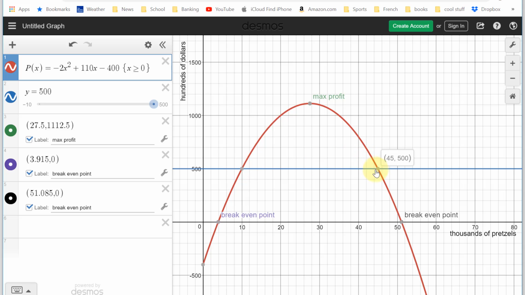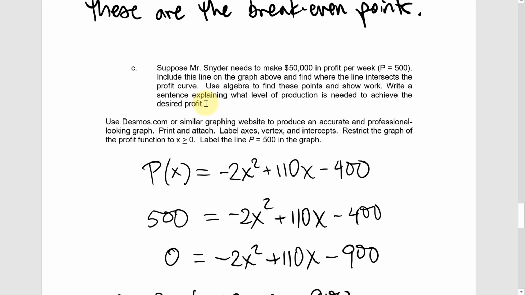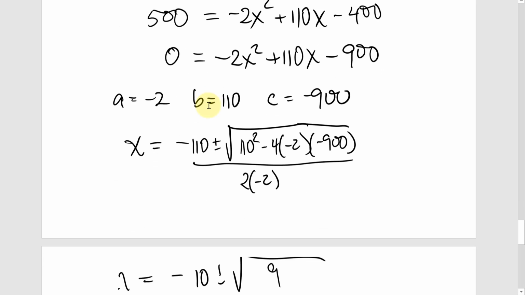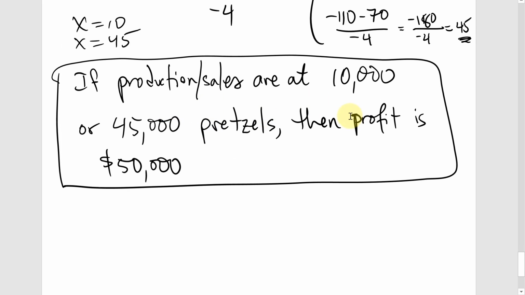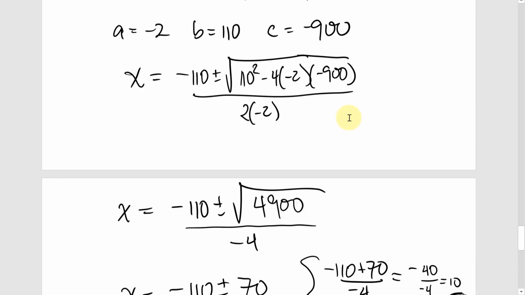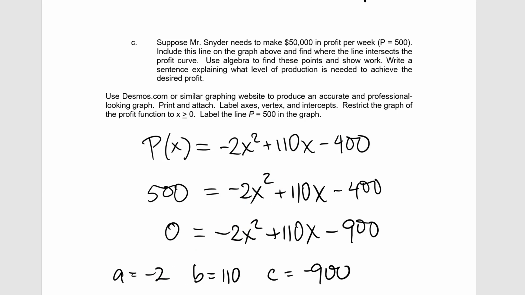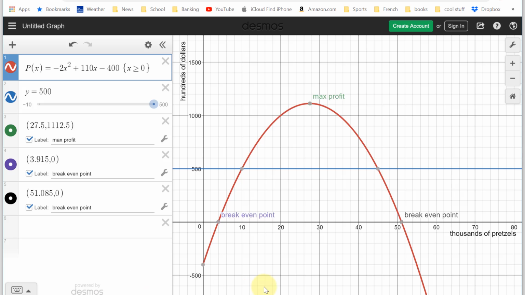So we could include these or not. It didn't specifically say. Yeah, it did say write a sentence explaining what level of production is needed to achieve the desired profit. Oh yeah, I did that. So I think with that work included, I think the graph is complete. Okay, so that should do it. Hope that was a helpful video.